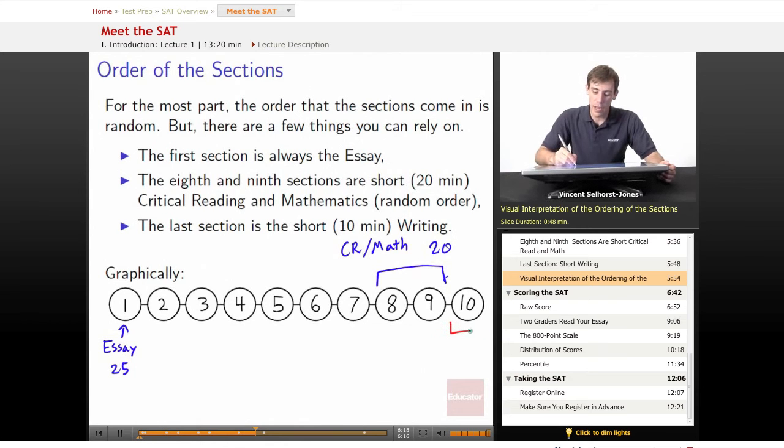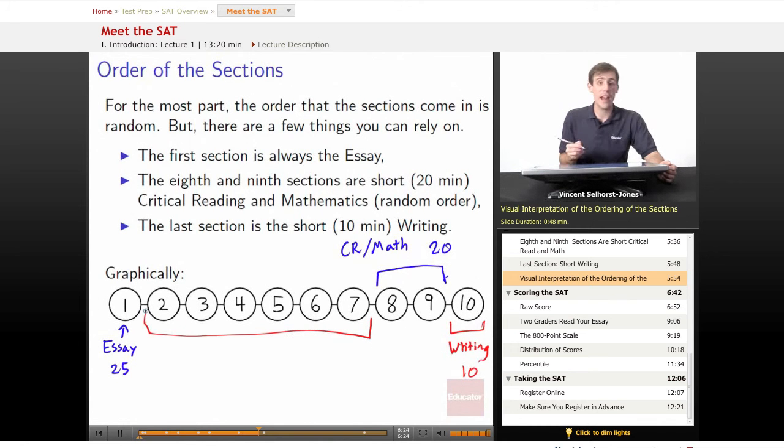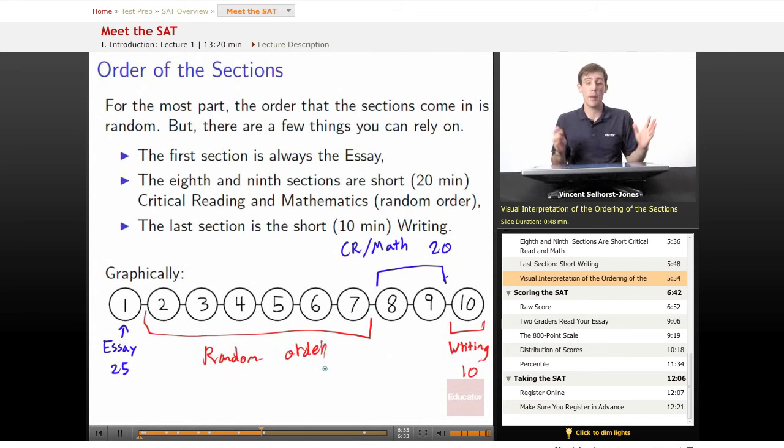And at the very, very end, we'll have a writing section at 10 minutes. And all the stuff in the middle, that is what you don't know the order of. So random order. That's going to be where the bulk of the test will show up, and you don't really have any idea of how it's going to be ordered in there, but don't really worry about it too much. You just want to do the best you can on every section as you see it.